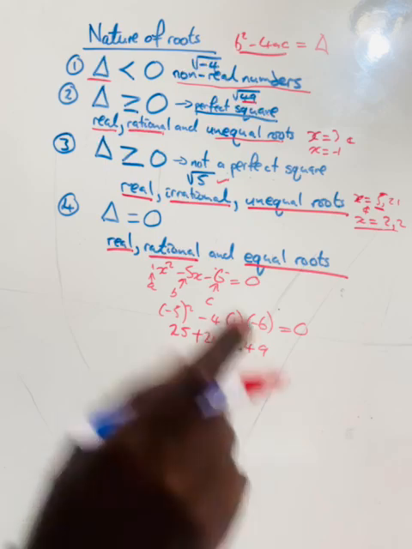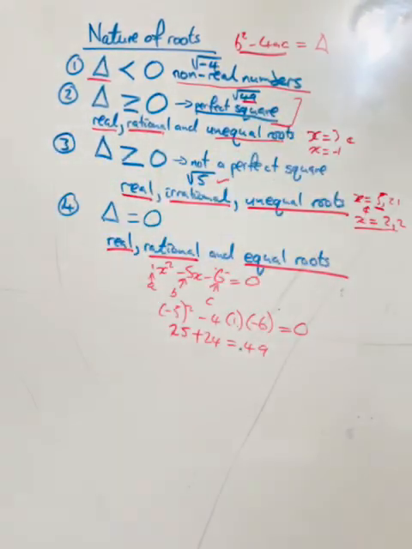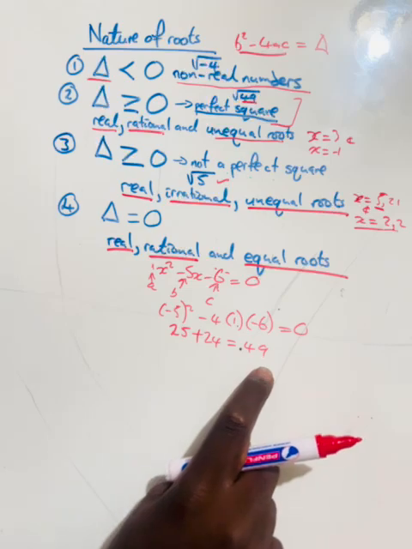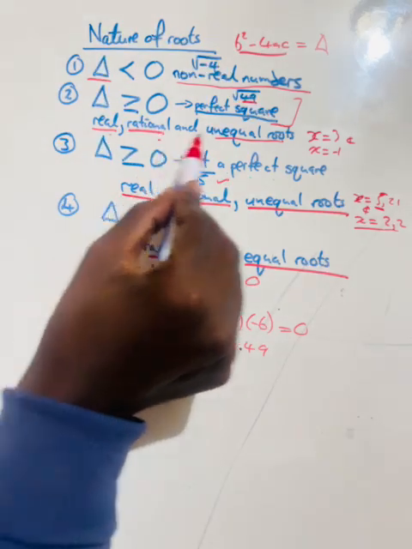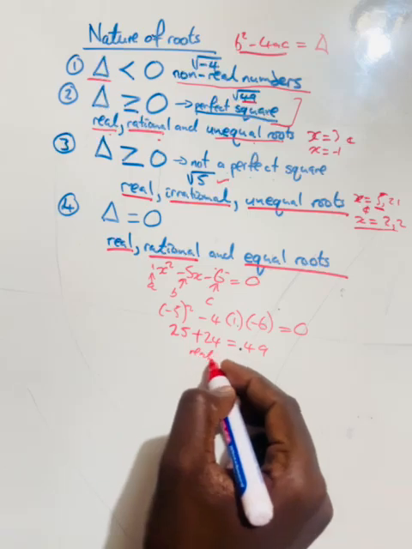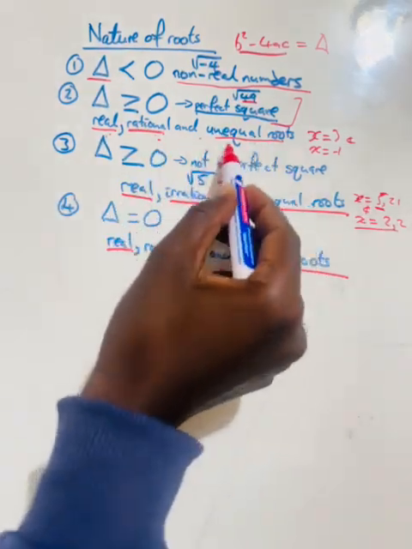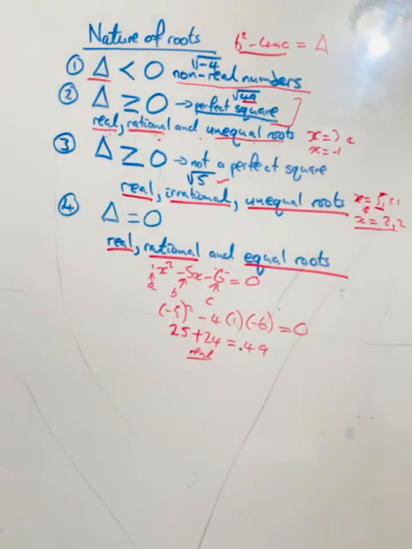A perfect square. Remember, under my example here, it's a perfect square. Now, since it's a perfect square, the 49 tells us that it's real, rational, and unequal roots. That's the type of root this is. Real, rational, and unequal roots. Then just like that, we found our solution, right?